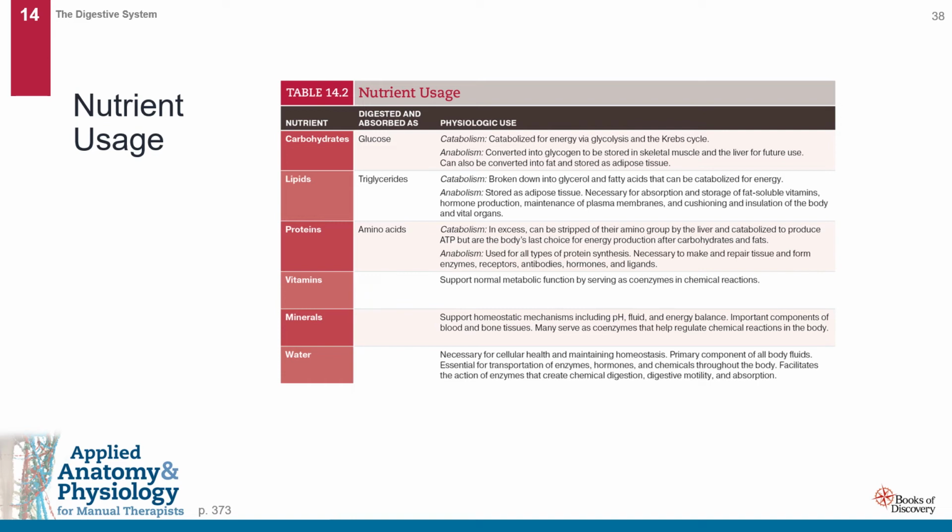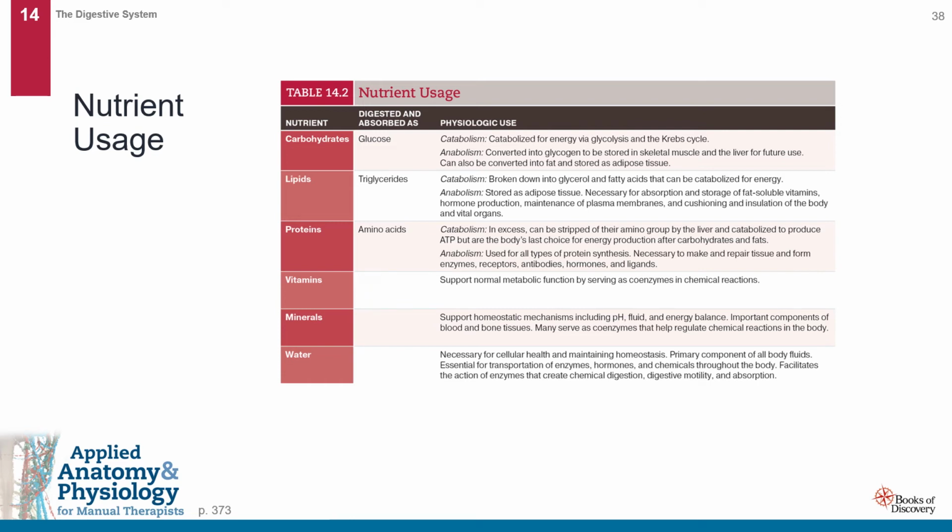In terms of how they are anabolized, they are used for all types of protein synthesis, and they are necessary to make and repair tissues, to form enzymes, and also receptors, antibodies, hormones, and ligands.